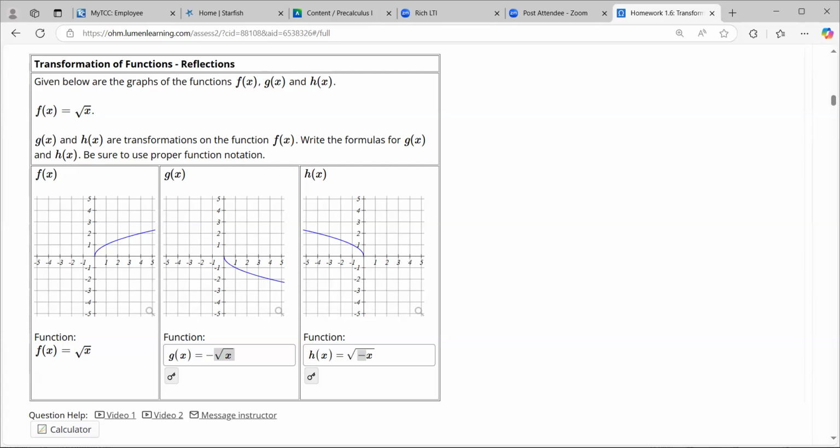When you flip a graph from top to bottom, that's a vertical change, so the change happens to the output. When you flip a graph from right to left, that change happens to x. That's a horizontal change. Since the change happens to x, you apply the treatment to the input. Okay? Any questions so far?